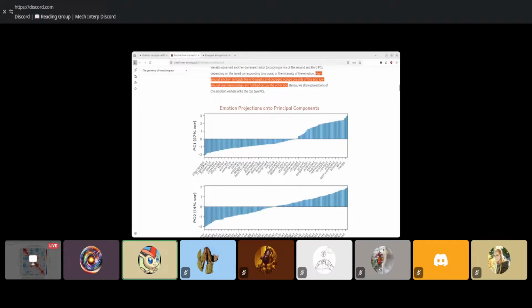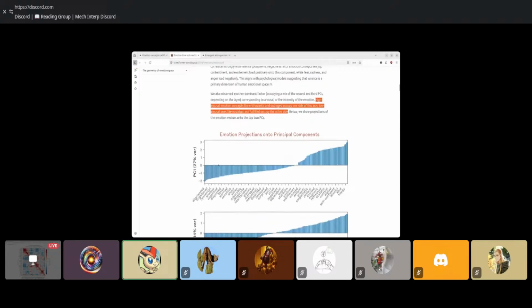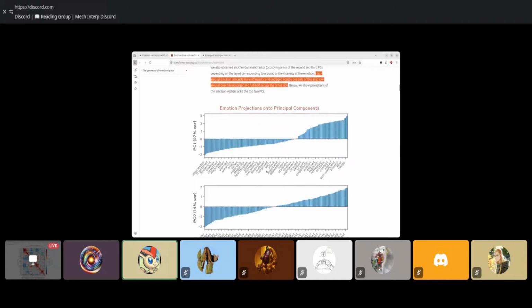I think frightened is negative. Oh no, so this is valence. Never mind, I thought it was arousal for a moment, but this is valence. So for some reason, disoriented is the lowest valence one. This is positive and negative, so disoriented is negative.